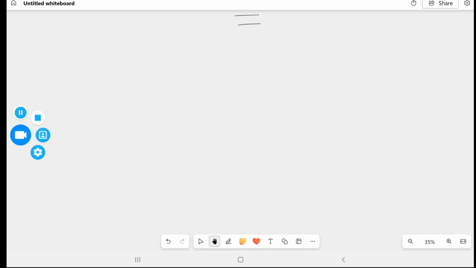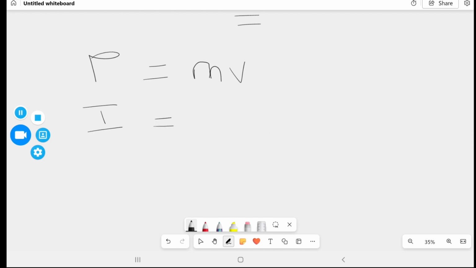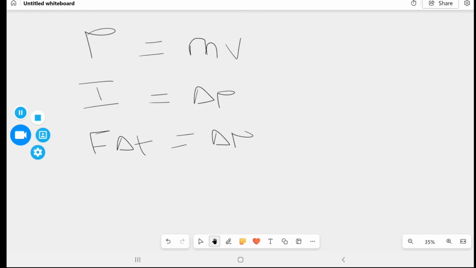Do not forget, P equal to what? Equal to mv, right? And then what did we say? I equal to what? Equal to change in P. And also we know that I can be F t, equal to change in P. And then what else?